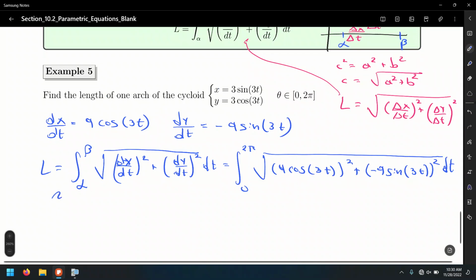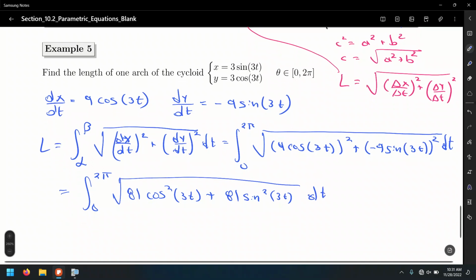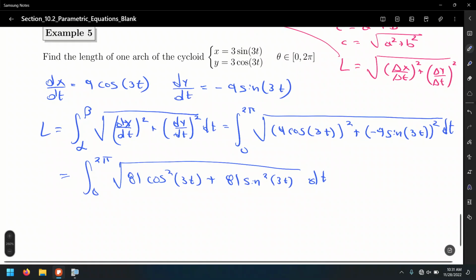So 9 squared, that's 81. That's 81 cosine squared 3t plus 81, because negative squared becomes positive, sine squared 3t, dt. And we can factor out a GCF, in this case the number 81.